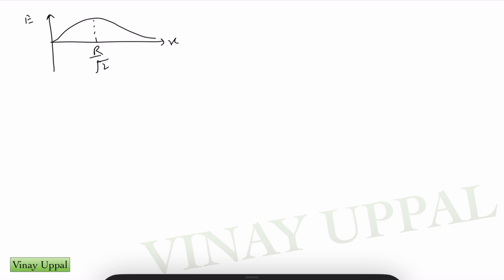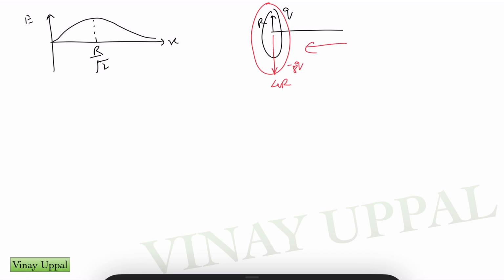This is the electric field of a ring charged with q and radius r. And the electric field due to the ring of radius 4r is negative. So with minus 8q, the electric field will be in the negative x direction. So it will be something like this.